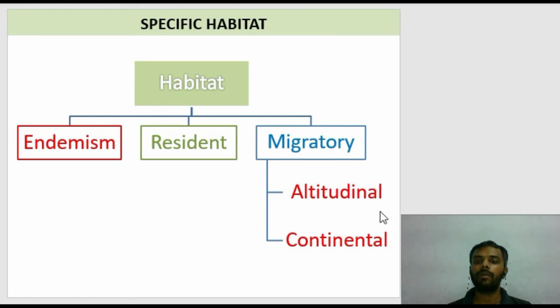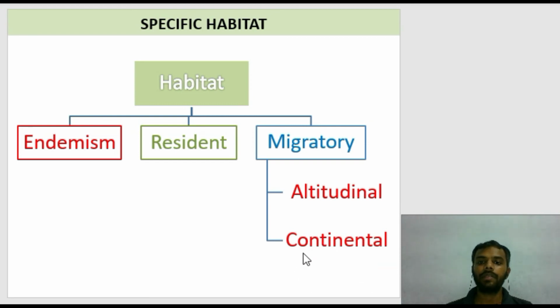Altitudinal migratory means the birds who are migrating from higher altitude to lower altitude in the same continent. Like most of the birds like red-crested pochard, northern pintail, they are migrating from higher Himalaya to lower Himalaya till central India and south India during the winter season. Now the next is continental migratory.